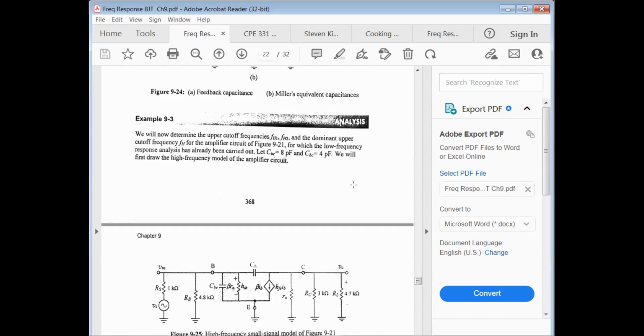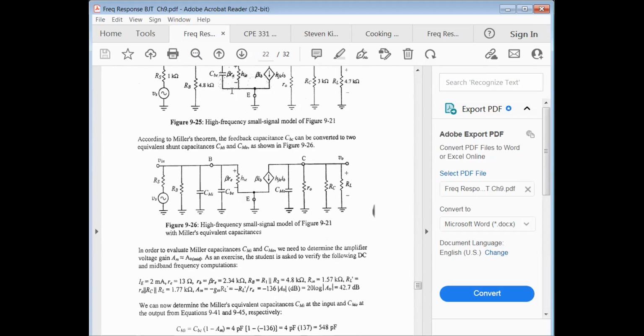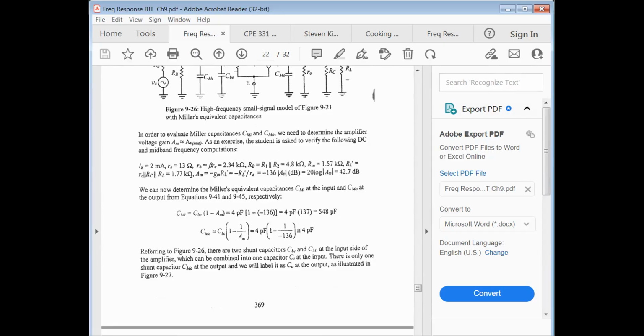So let's look at the numbers and we'll see what's going on. Here's back to where we had jumped ahead. We took this C sub BC here, and using Miller's theorem, as it's called, we have a C sub MI and a C sub MO. If we do the calculations, here we have a gain of minus gm R prime, which is about 136. So I have a gain of 136 magnitude-wise, or 43 dB roughly.